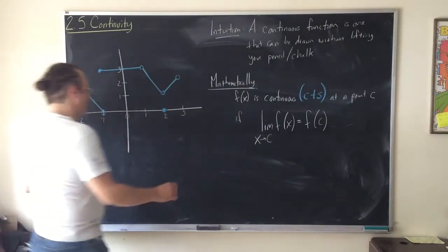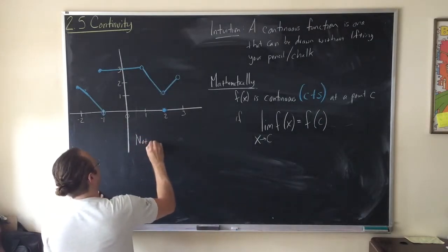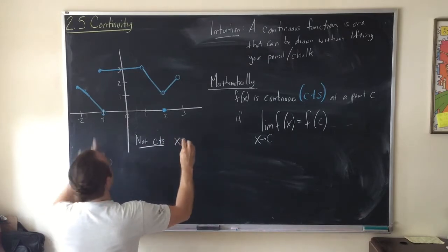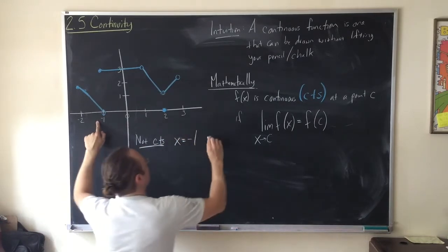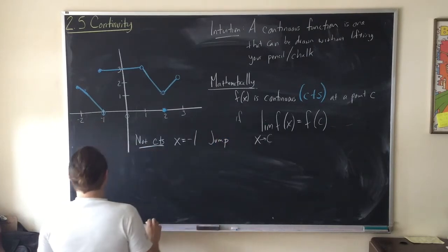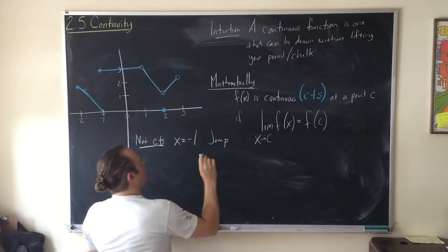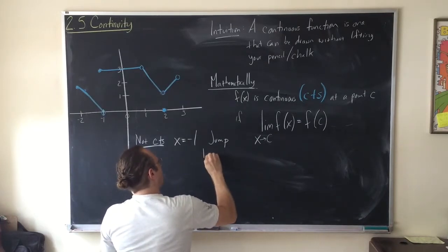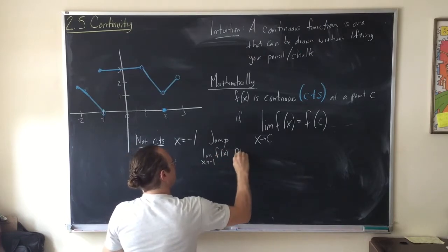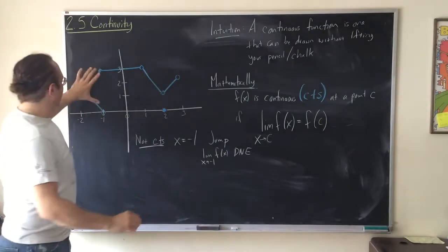So let's go back over here. We'll notice that this guy is not continuous at x equals -1. And we can see that because there's a jump. If there's a jump, that means the limit as x approaches -1 of f of x does not exist.